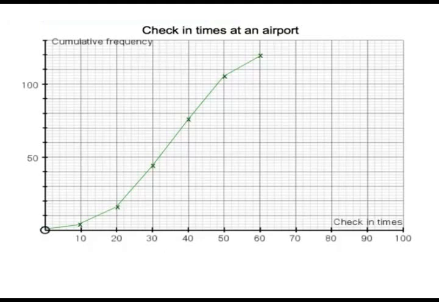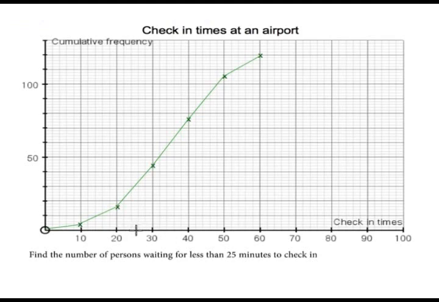Question 1. Find the number of people waiting less than 25 minutes to check in. The words less than are very important because the person waiting for exactly 25 minutes is not waiting for less than 25 minutes. What we do is come to 25 minutes and draw a line to meet the curve.